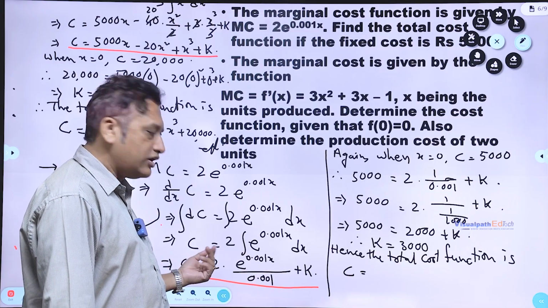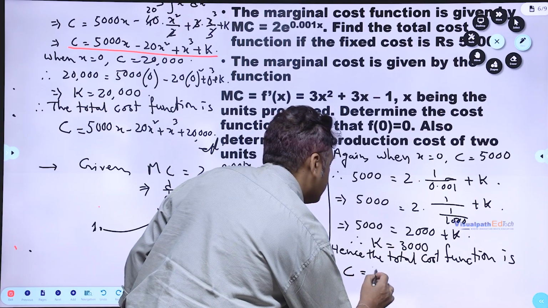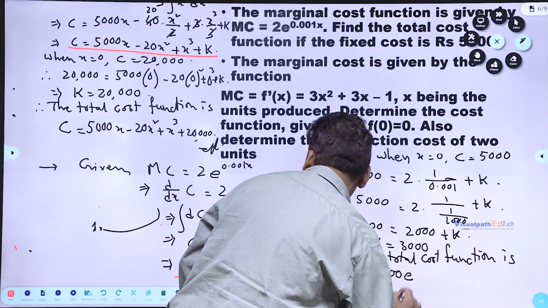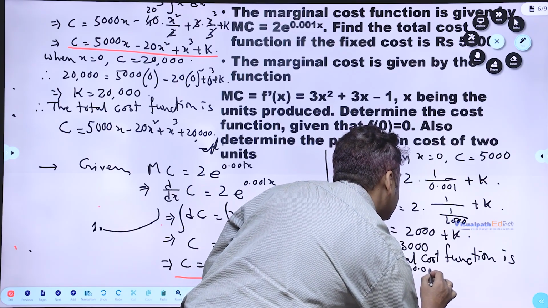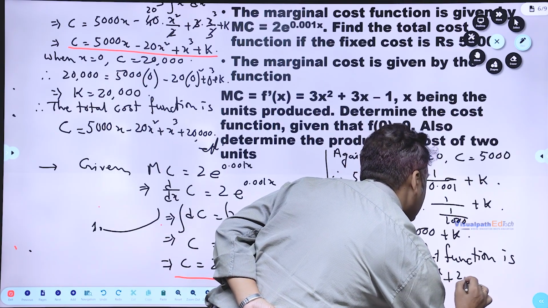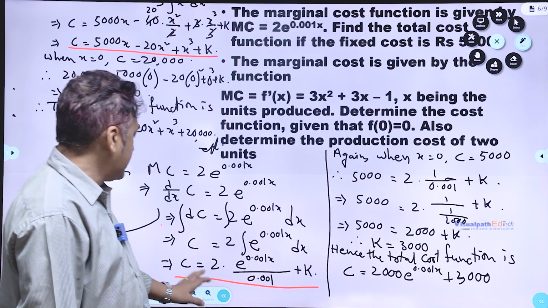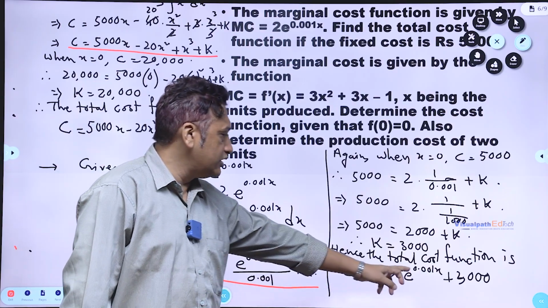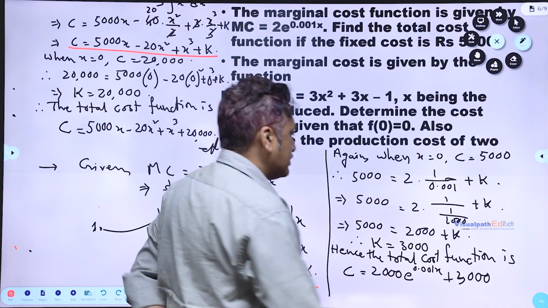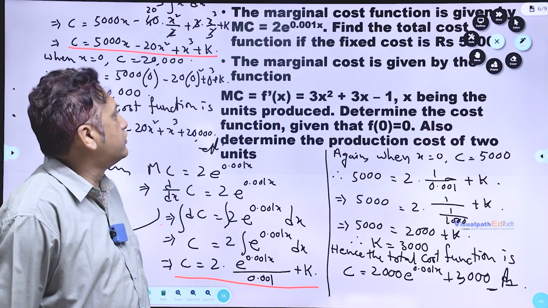Then when you do the reciprocal, we will get 2 into 1000 divided by 1, which is nothing but 2000 into e to the power 0.001x, plus 3000, because k's value is 3000. So we are getting C is equal to 2000 into e to the power 0.001x plus 3000, and that is your answer. That is the answer for the cost function.